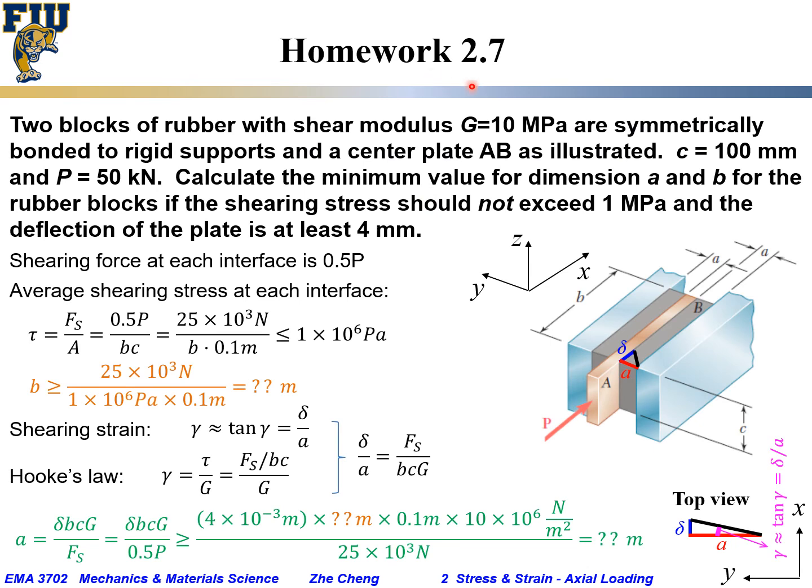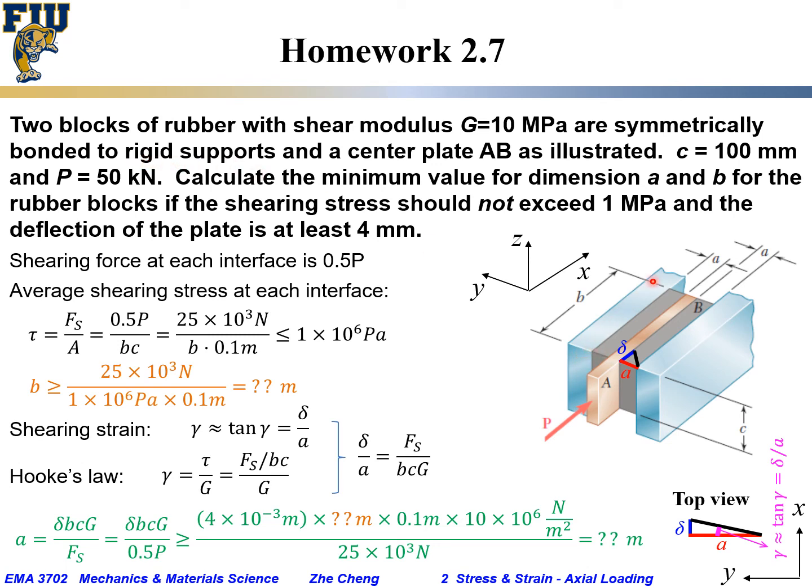Finally, for homework 2.7, two blocks of rubber, as illustrated by these gray regions with shear modulus G equal to 10 megapascal, are symmetrically bonded to rigid supports.